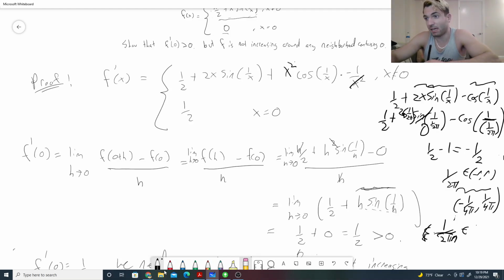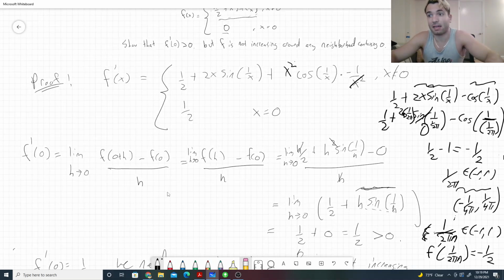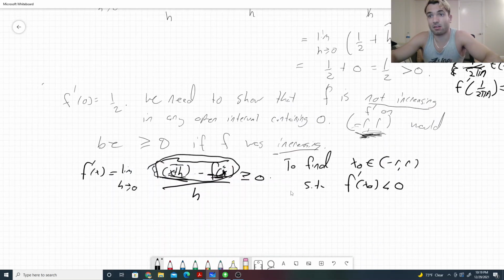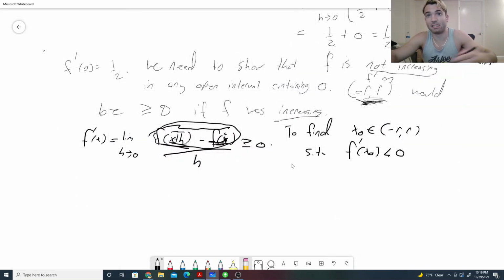So this would be an element of minus r to r, and you'd find that f prime of 1 over 2 pi n is equal to minus 1/2. And this contradicts the fact that we would need it, if it was increasing, to be greater than or equal to 0. So this is a contradiction.